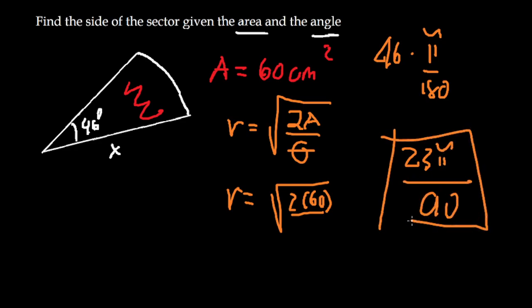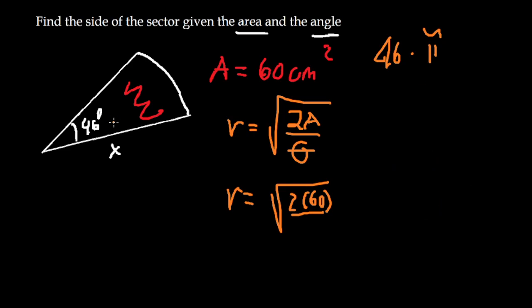So this is our radians, the radians form of 46 degrees. So substitute natin yon.